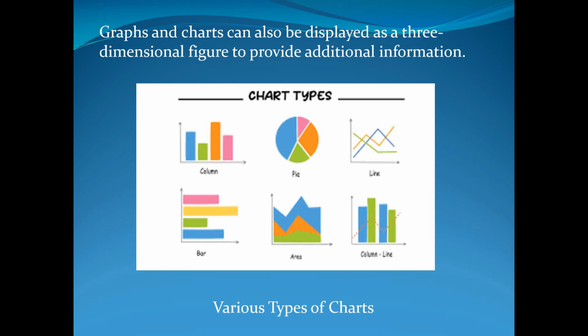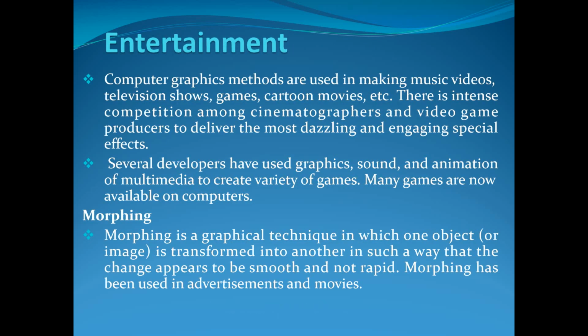Next, entertainment. That is another application of computer graphics. Computer graphic methods are used in making music videos, television shows, games, cartoon movies, etc. Several developers have used graphics, sound and animation of multimedia to create a variety of games. Many games are now available on computers.